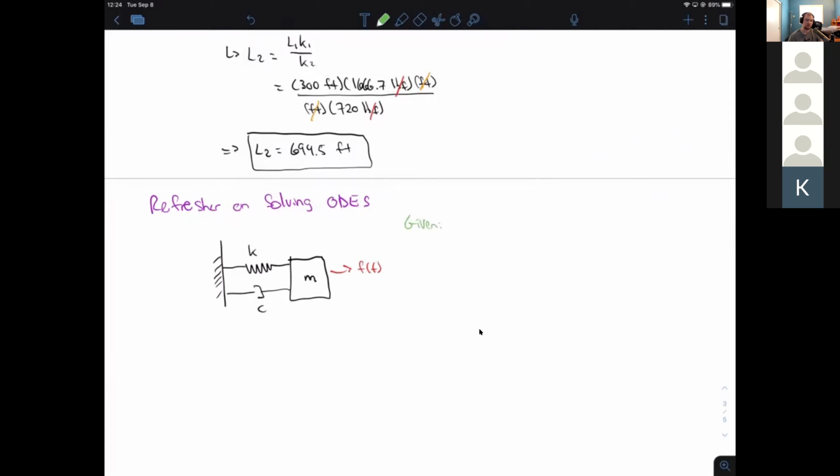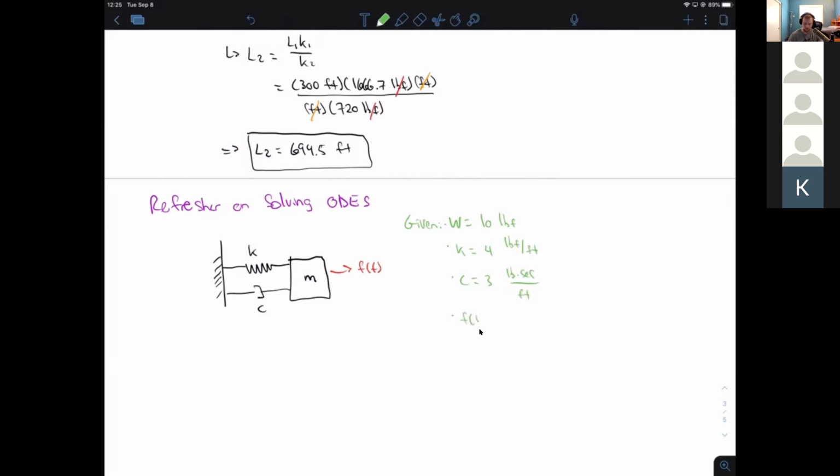I'm going to write out some of our numbers right now. You're going to be given the weight of our block, which is going to be 10 pounds force. The cable stiffness is 4 pounds per foot. Our damping coefficient is 3 pounds times second divided by foot.